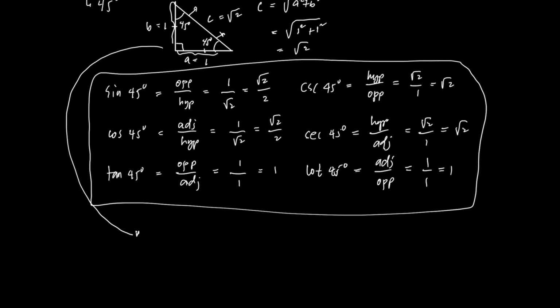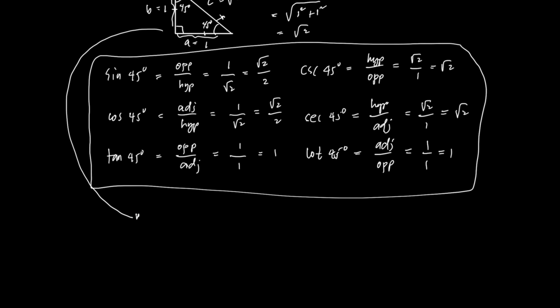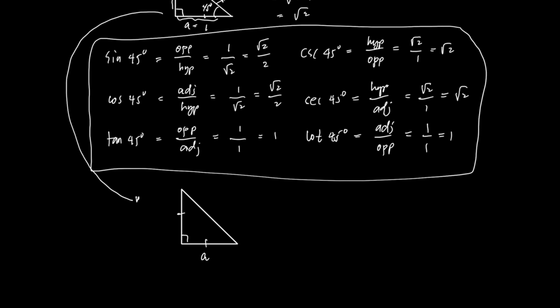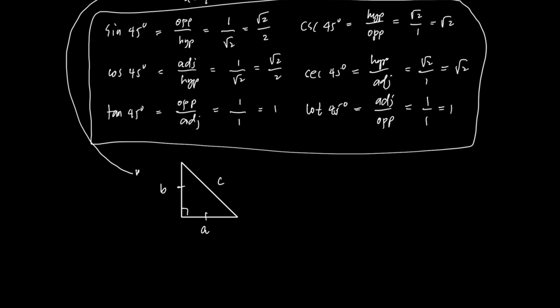So we can generalize that one, assuming this is equal to this one. Now, if this is A, and this is B, and this is C, since the two sides are equal, meaning A is just equal to B.